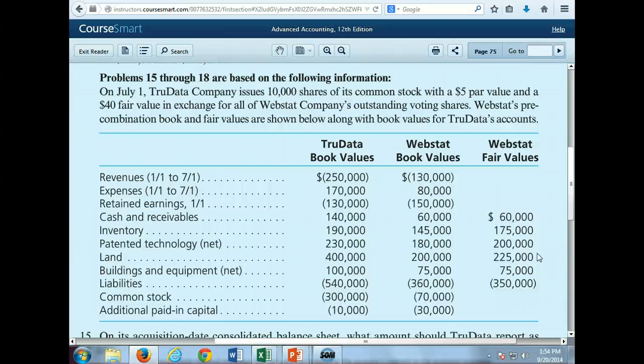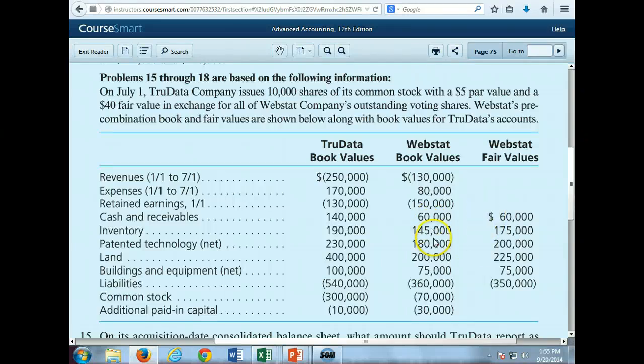The liability is, instead of owing 360, we only owe 350. So we're assuming less liability than what we expected. So we're up 85,000, aren't we? Correct? Do you guys see what I'm saying?